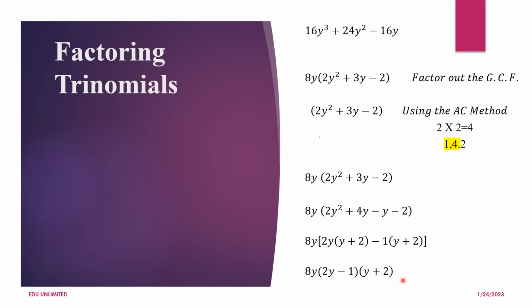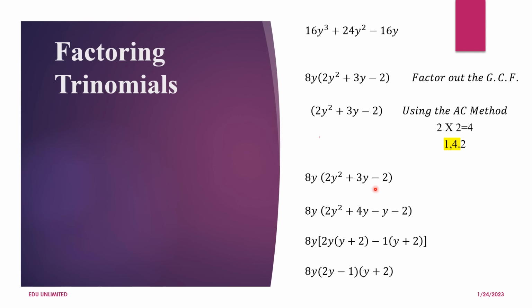For those students in the Caribbean, the Examination Council normally puts this question as to factorize completely, so that if we had factorized up to here, it would not have been factorized completely unless this part could not be factorized.